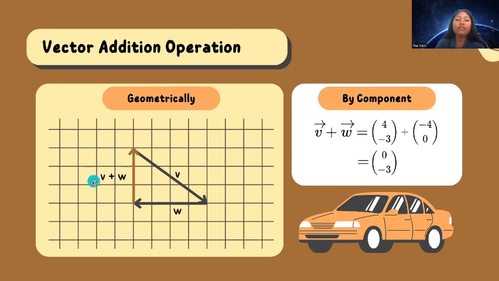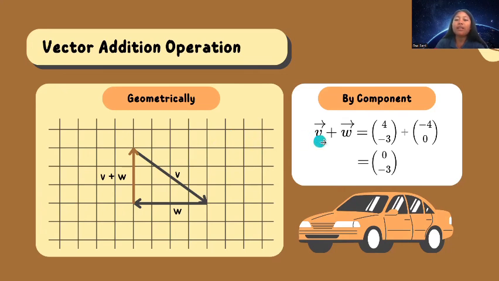The formula: vector V plus vector W equals (x1 plus x2, y1 plus y2).